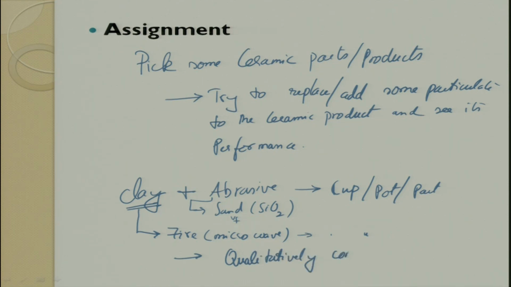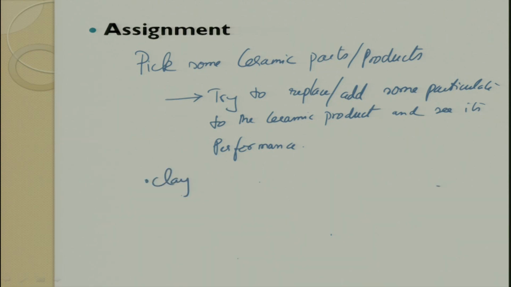Comparison and study for yourself. So, the steps involved: you take clay, give a shape to it, and then put it inside a microwave oven, make sure it does not crack, and allow it to dry.